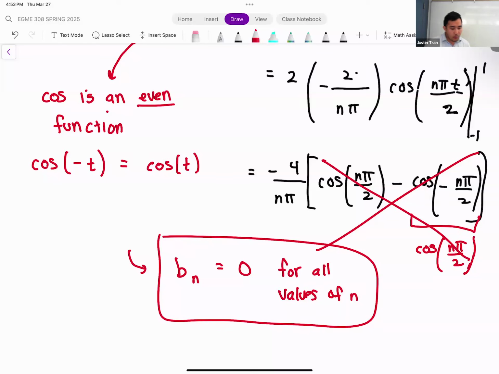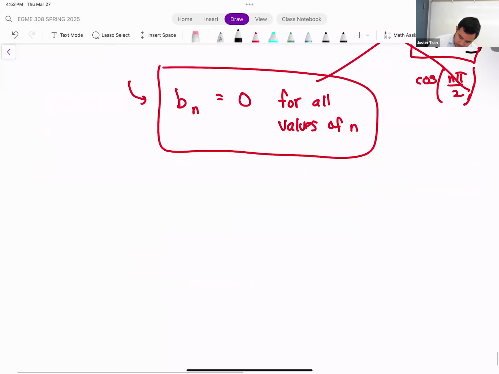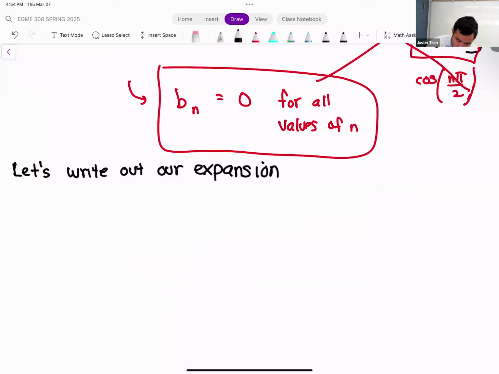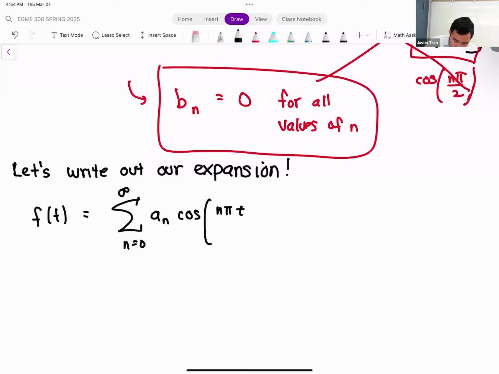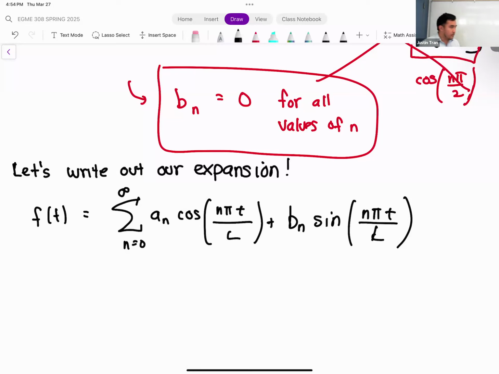Okay, all right, so now that we have our coefficients, we are ready to put it all together. All right, so we have f of t is equal to summation n is equal to 0 to infinity an cosine of n pi t over L plus bn sine of n pi t over L. So that's just our generic Fourier series expansion for a periodic function with a period other than 2 pi.